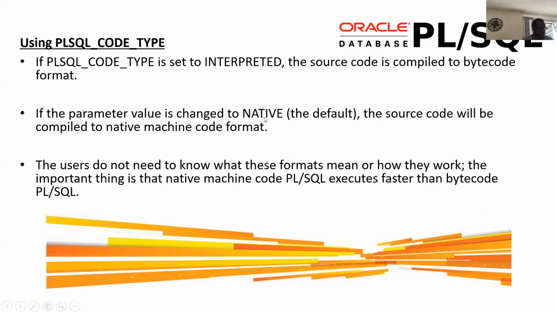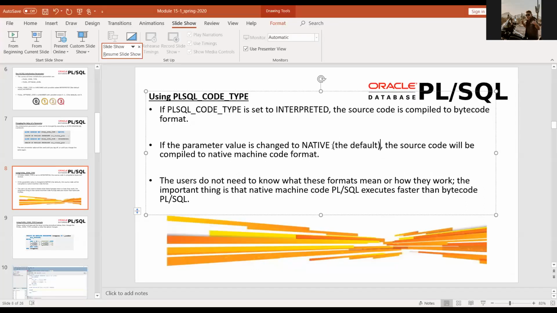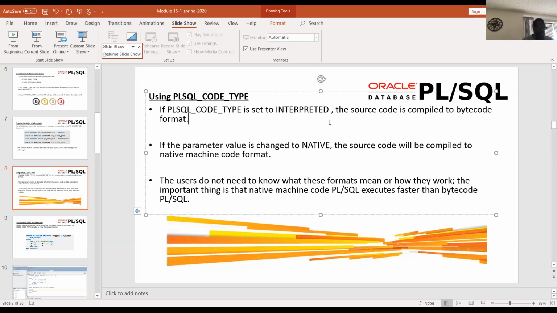No, I'm sorry. So interpreted is bytecode, and that's the default. Native is machine code. So I was right. My bad. Questioning myself, I do that a lot, especially now. My brain doesn't work right because of this whole stay at home. Anyway, so yes, interpreted is the bytecode.